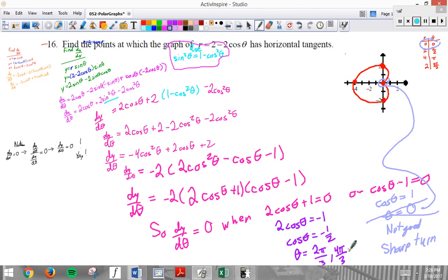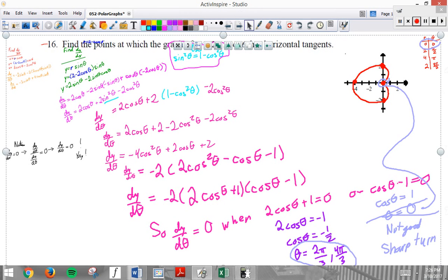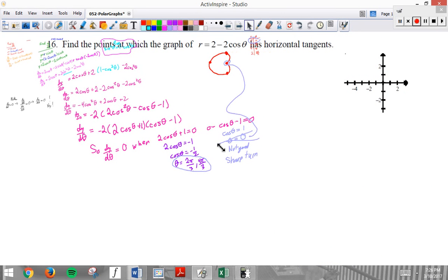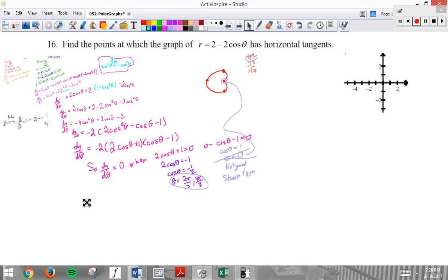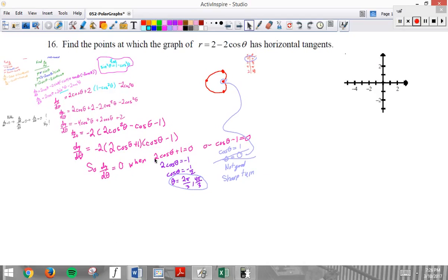Okay, so we have these two values of theta. And now I'm going to shrink everything, even the limaçon, because I'm really close to being done. I have my two values of theta. Alright, here I go.